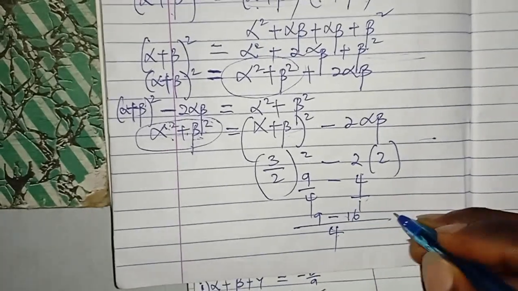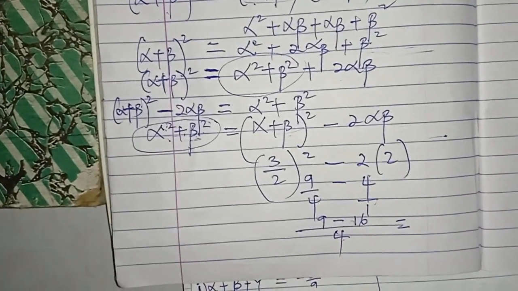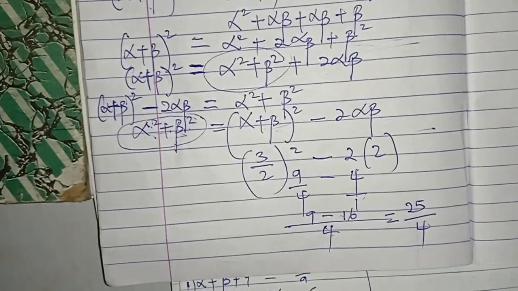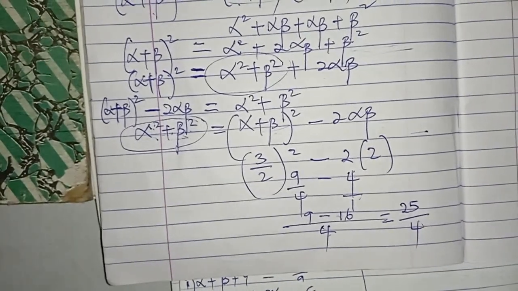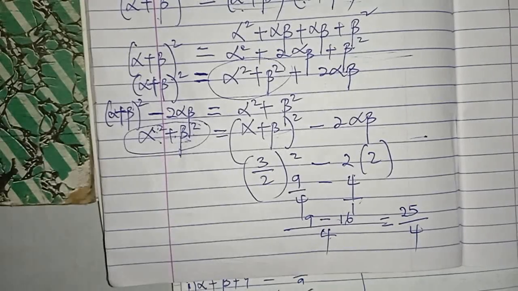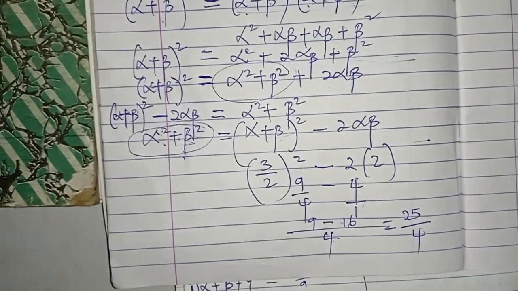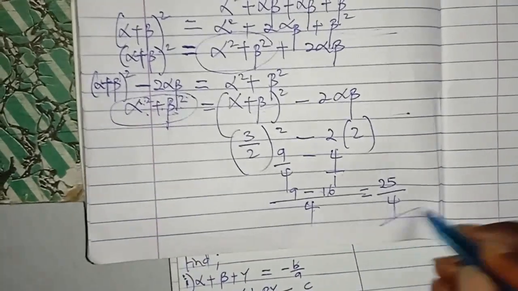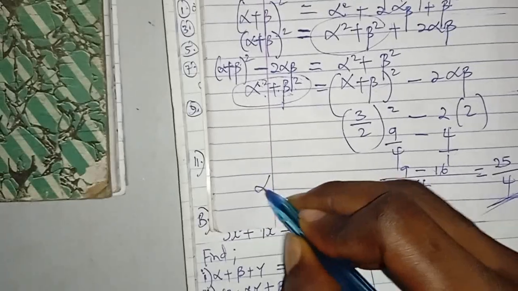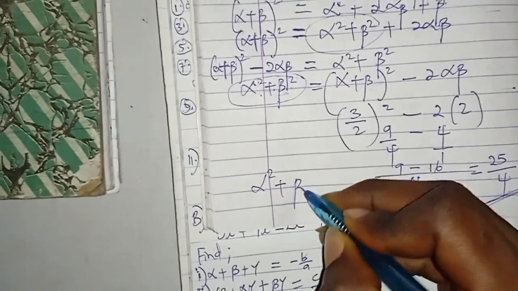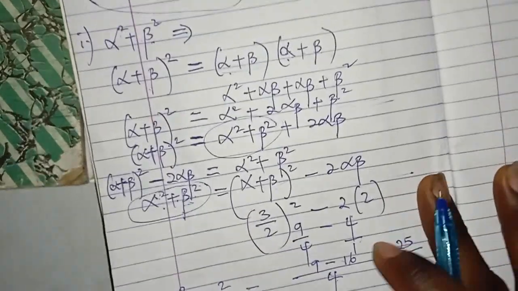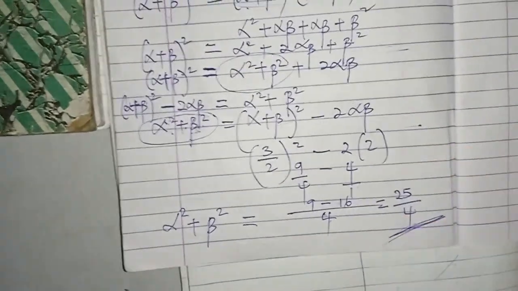So minus 16, which is equals to, if you put 4, 25 over 4. Yes, 25. So this is what I will have. So alpha square plus beta square is equals to this. Very important.